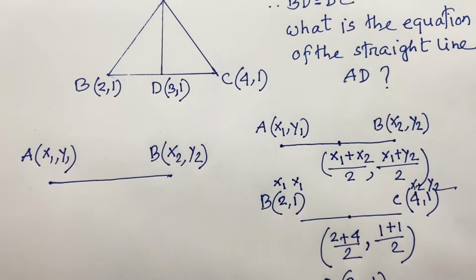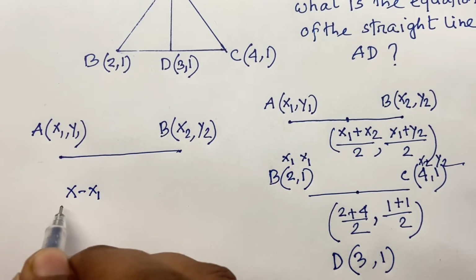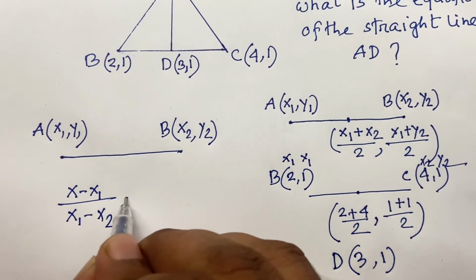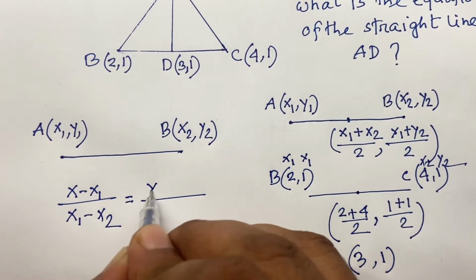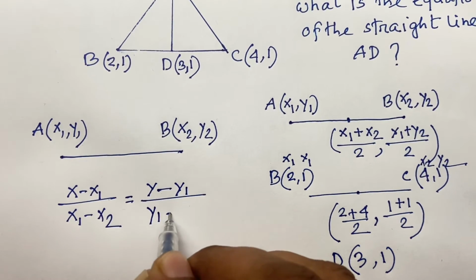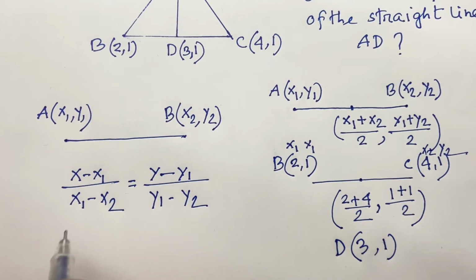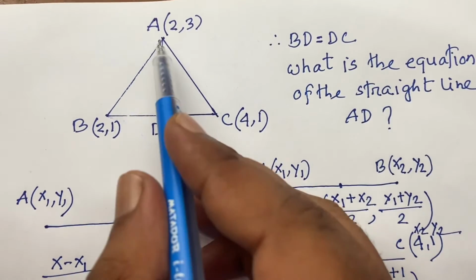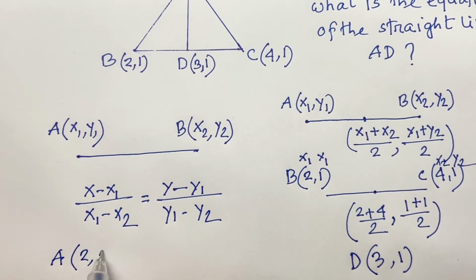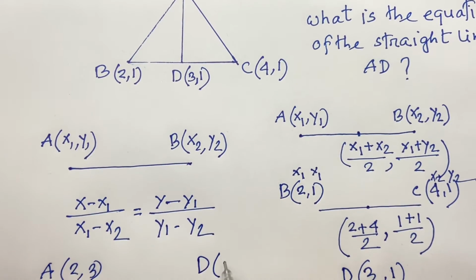We know that the formula is (x minus x1) over (x1 minus x2) is equal to (y minus y1) over (y1 minus y2). Look, if you think this point is (2, 3), so A is (2, 3) and D is (3, 1).